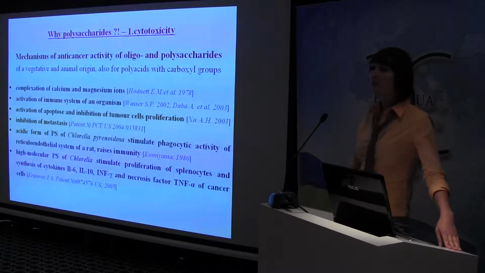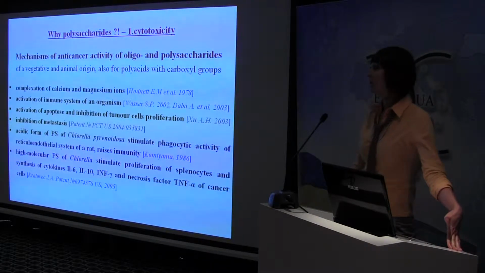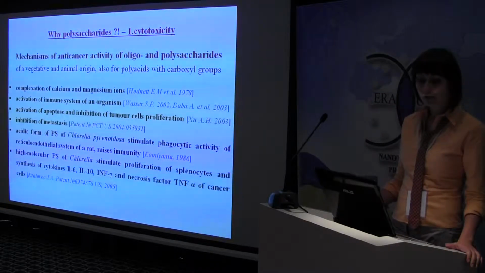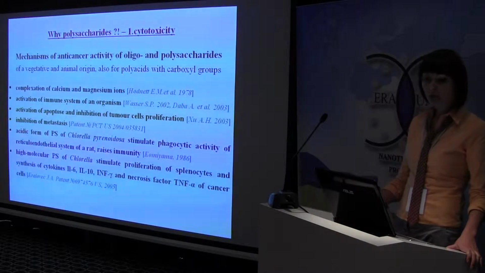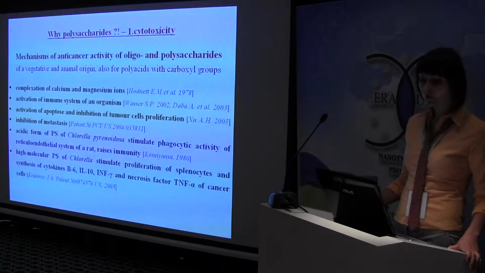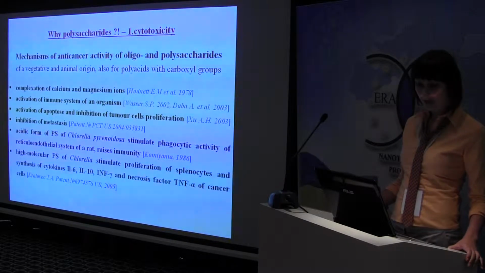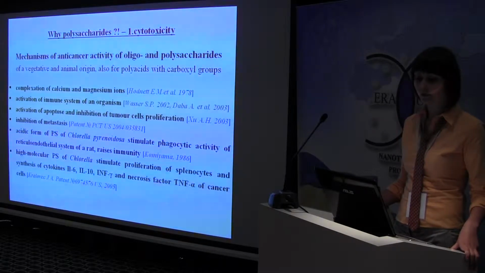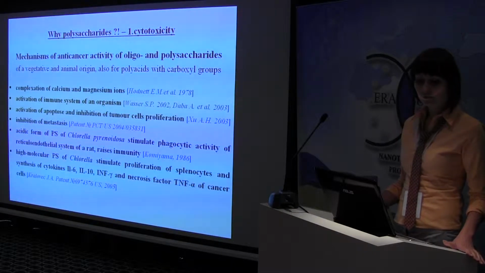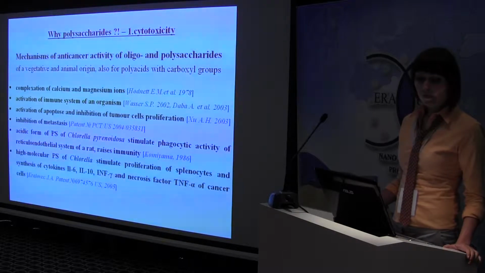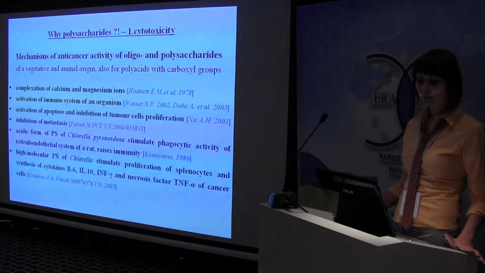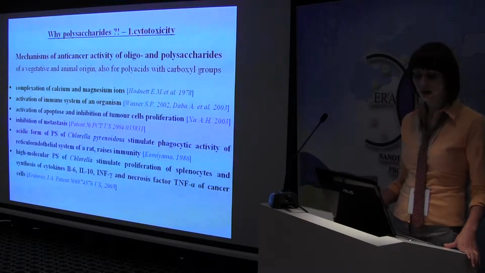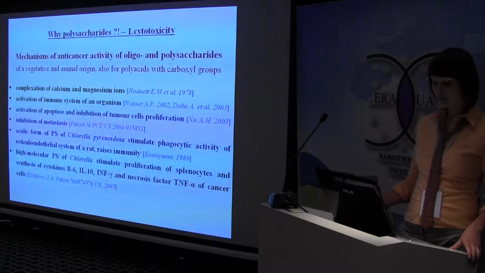It was shown that the anti-tumor effect of polysaccharides is connected with the complexation of calcium and magnesium ions, activation of the immune system of an organism, activation of apoptosis, inhibition of tumor cell proliferation, and inhibition of metastasis. The acidic form of polysaccharides stimulates phagocytic activity of the reticuloendothelial system of rats, raising immunity. High molecular polysaccharides stimulated proliferation of splenocytes and synthesis of cytokines and necrosis factor of cancer cells.